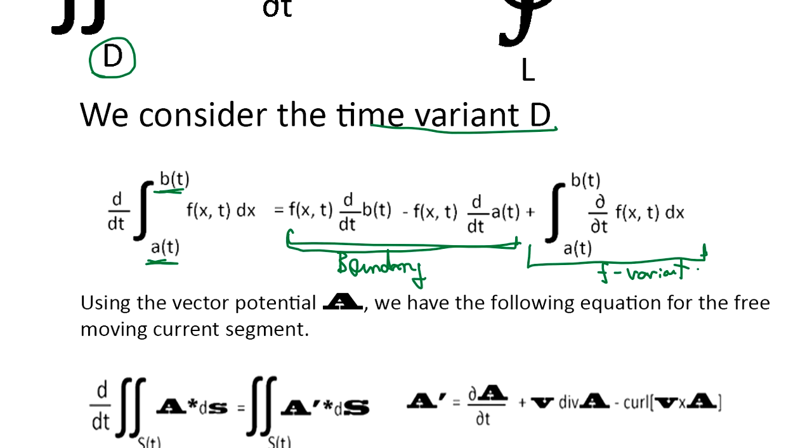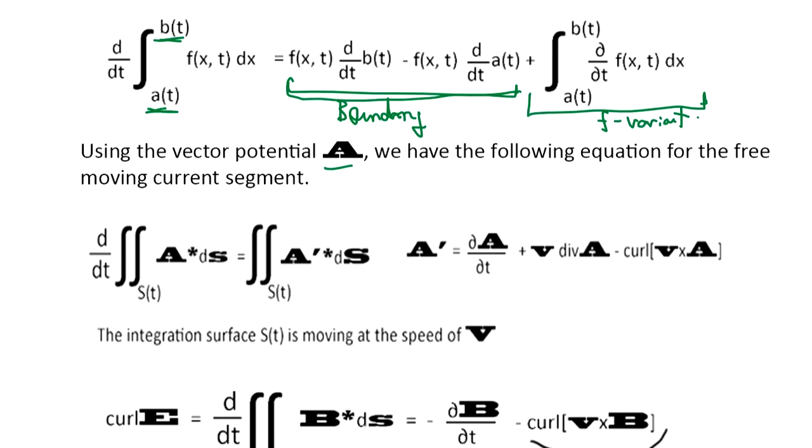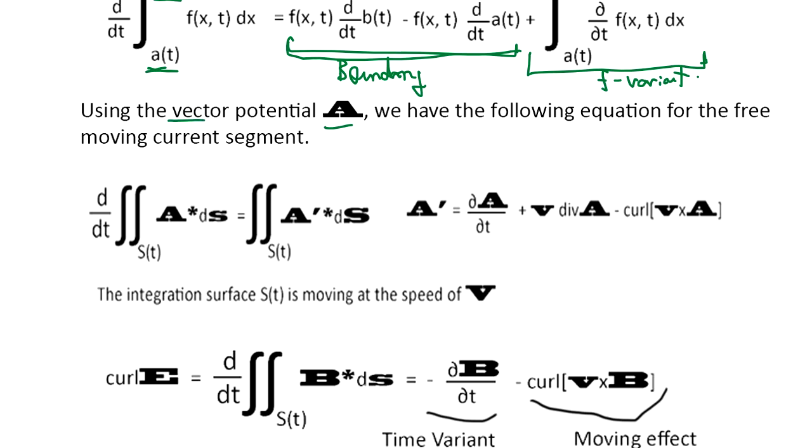And using a vector potential A, we modify the equation. A vector potential is like a potential field. We have a vector potential we can use. We modify using that vector potential.